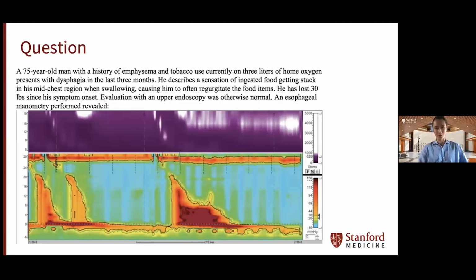I agree. There's no bearing for it, but I just wanted our participants to know that top portion is an impedance trace. So this study was an impedance manometry study. And it's not even how we would usually see it. It's kind of weird. Okay, good. Any questions on this particular case? If not, we'll be moving on to the next question.